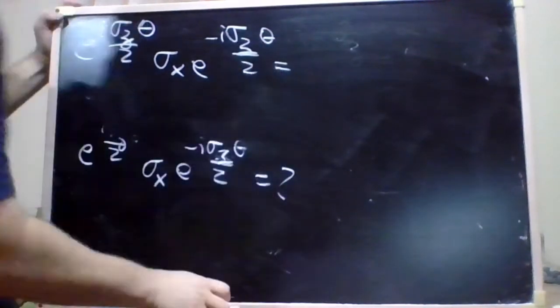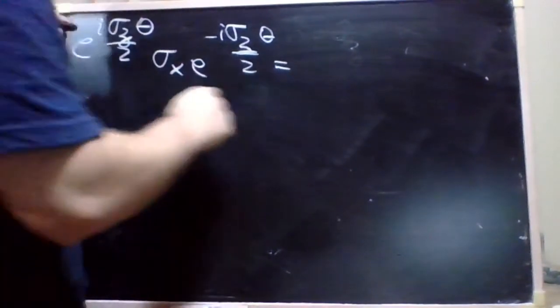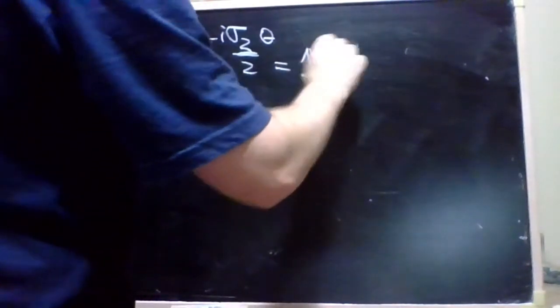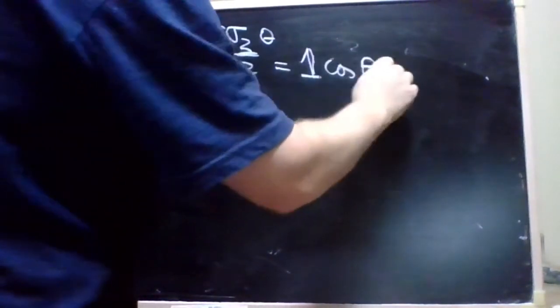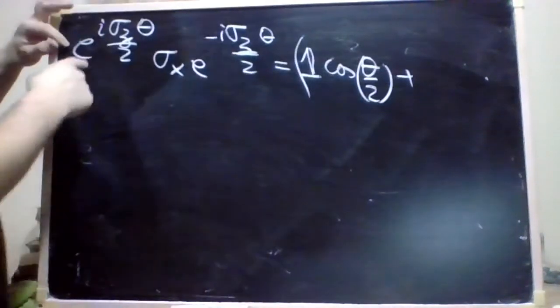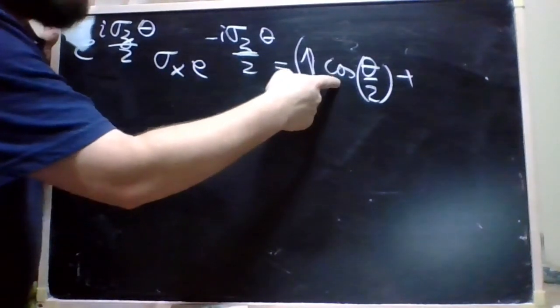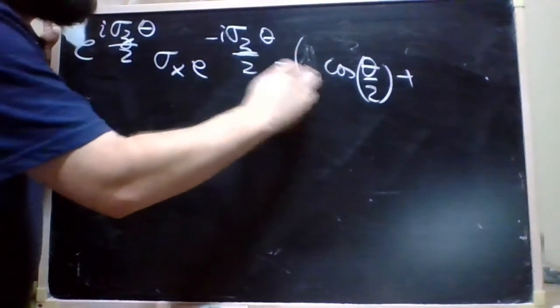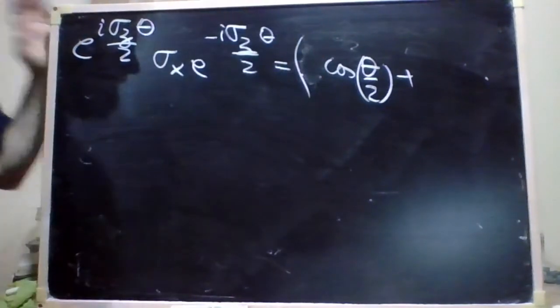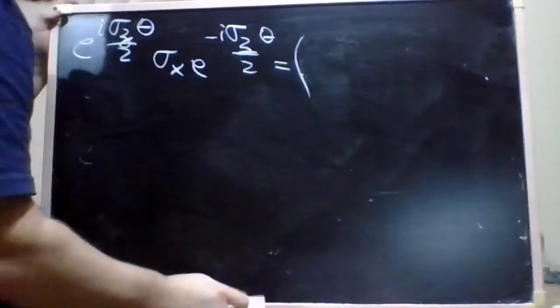You can write, as we previously demonstrated, this is the identity matrix multiplying cosine of theta over 2 plus i sigma z sine theta over 2. The first operator here is the identity matrix multiplying the cosine, but usually we don't write the identity matrix, so I'll use conventional notation.